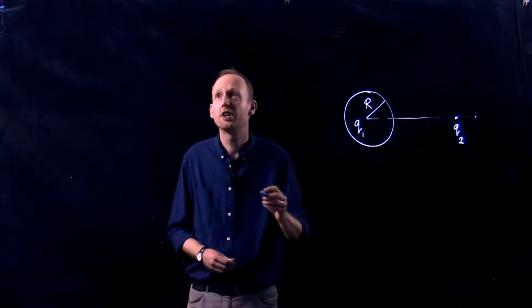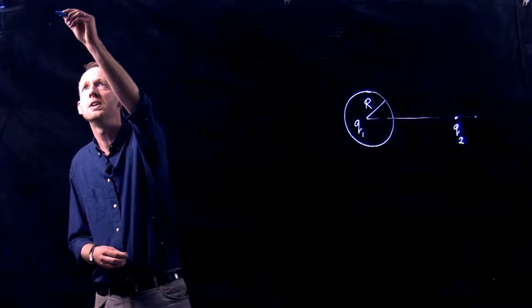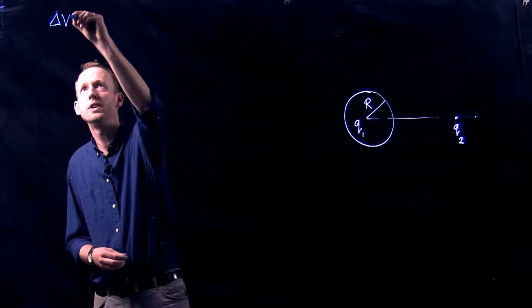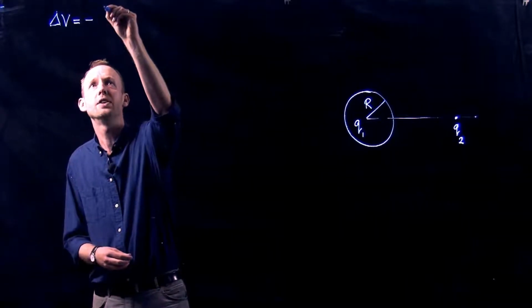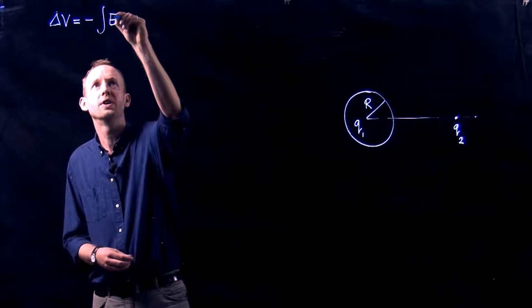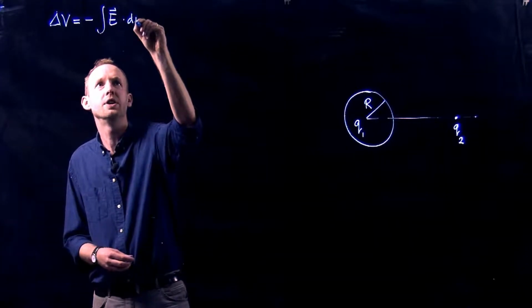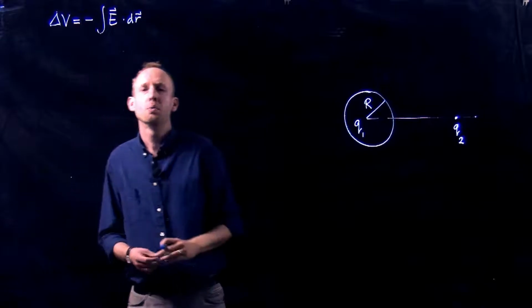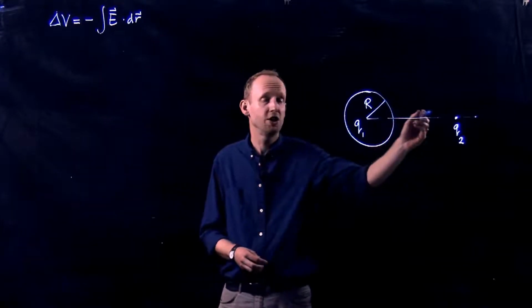For this, we will use the expression for delta V, which we have seen in the lectures. Delta V equals minus the integral of E times dr, where E is the electric field at the location of the point charge.